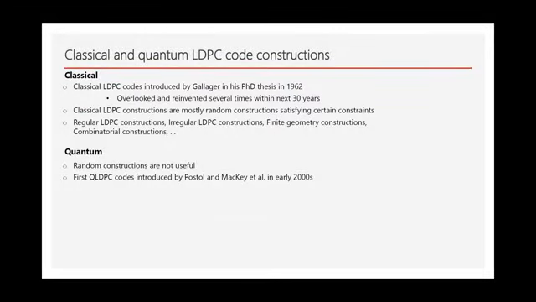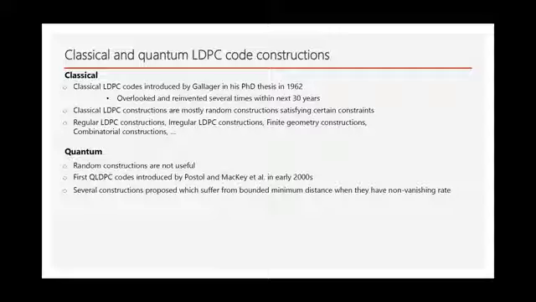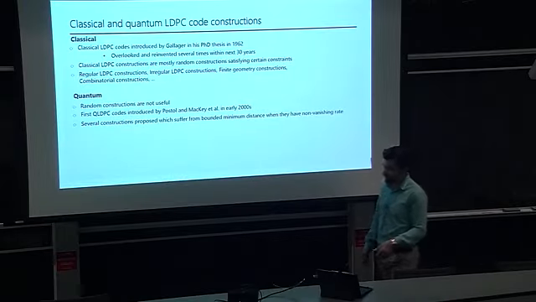The first quantum LDPC codes were introduced in the early 2000s, and since then several constructions have been introduced, but most of them have this problem that they either have vanishing rate, or if the rate is not vanishing, they have bounded minimum distance. That's not something we aim for, because we are hoping to get something like linear minimum distance, similar to the classical case.